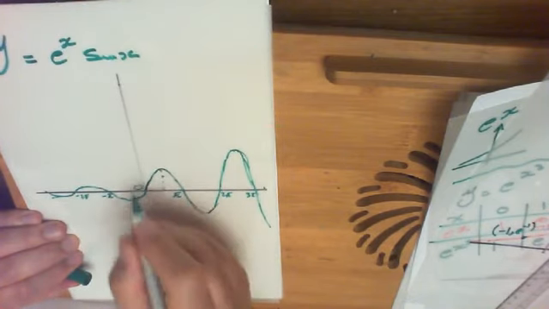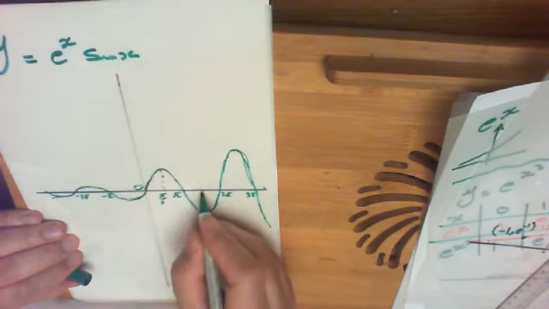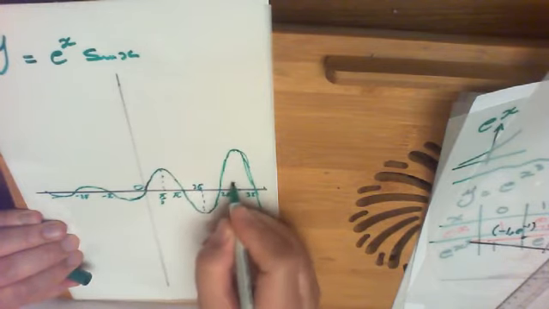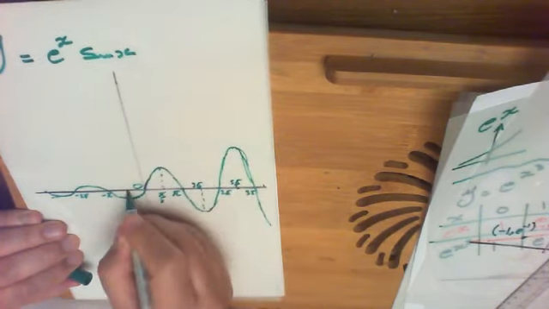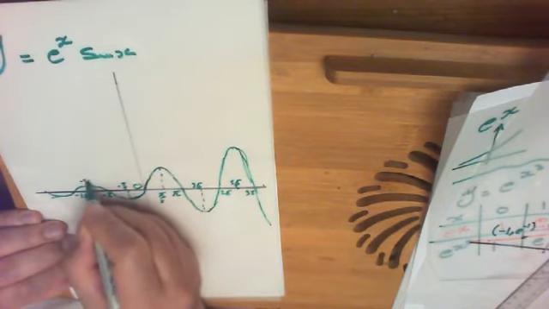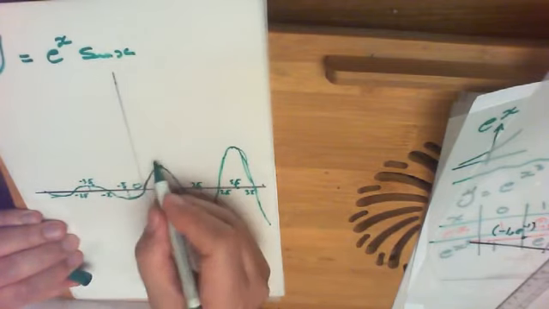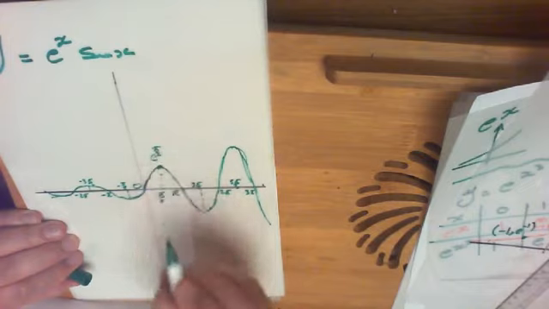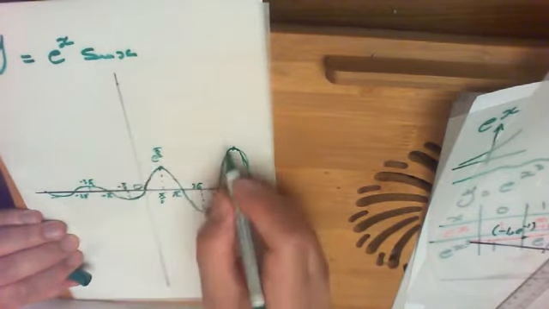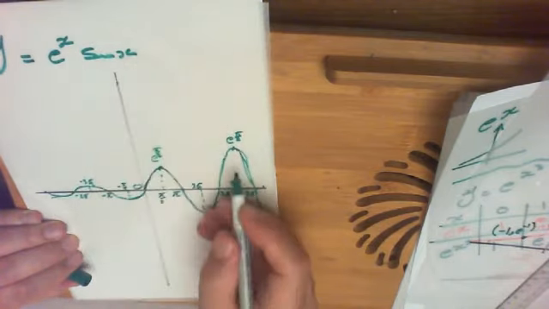This is pi by 2, 3 pi by 2, 5 pi by 2, and so on. Minus pi by 2, minus 3 pi by 2. This point is e to pi by 2, since sine pi by 2 is 1. This point is e to 5 pi by 2 times sine 5 pi by 2, which is 1.